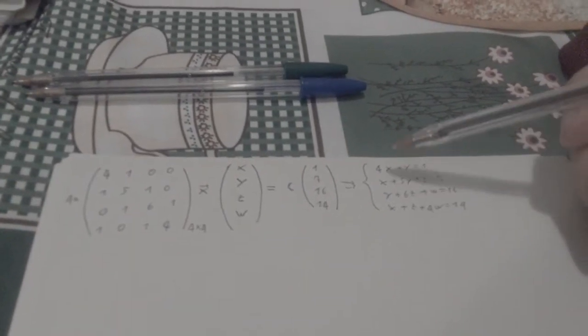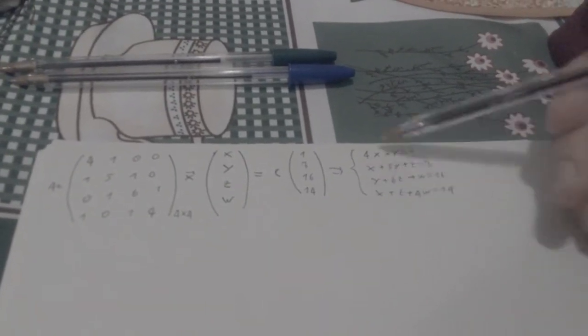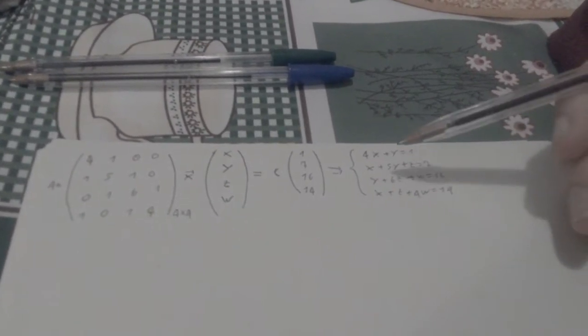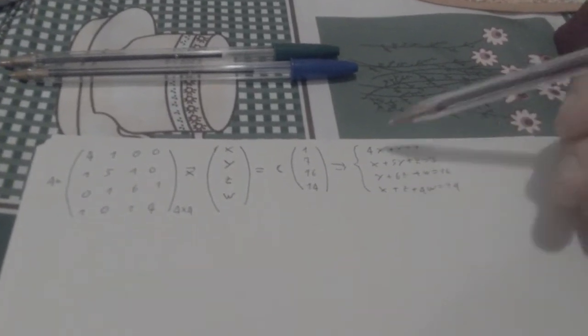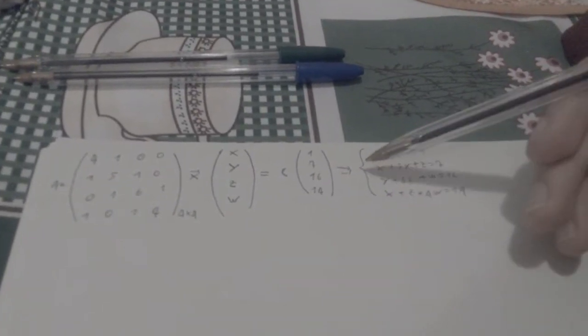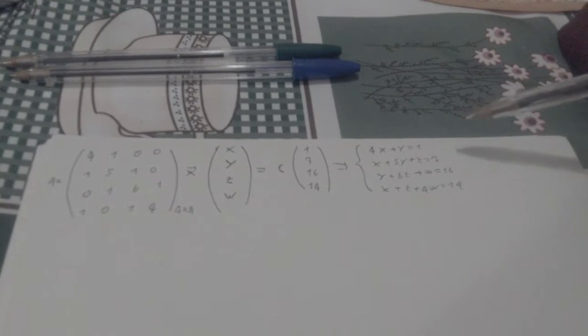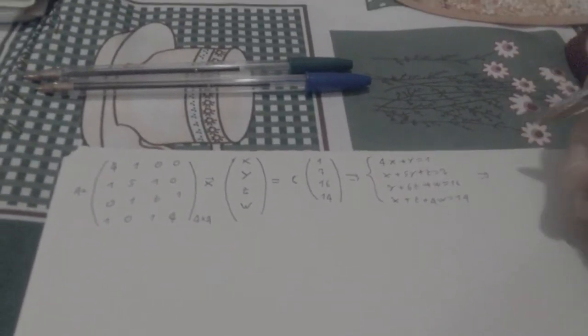What we're going to do now is get x, y, z, and w out from those equations. And please note, I'm definitely not going to solve anything. I'm just going to get those x, y, z, and w in function of the other variables. So let's just do this.